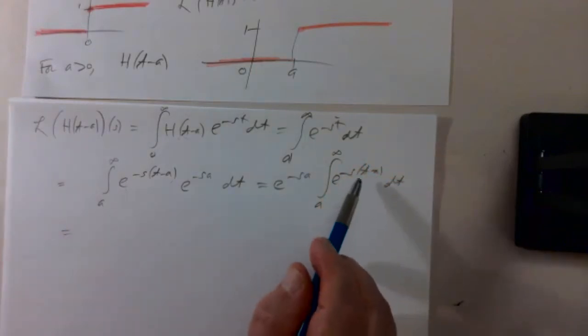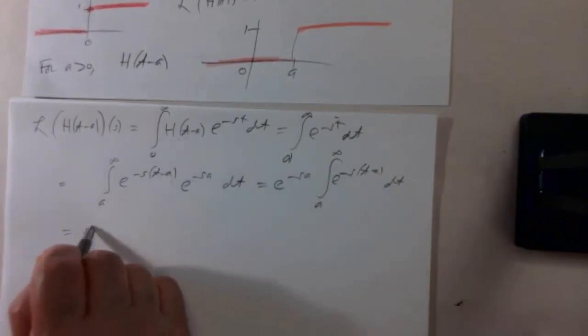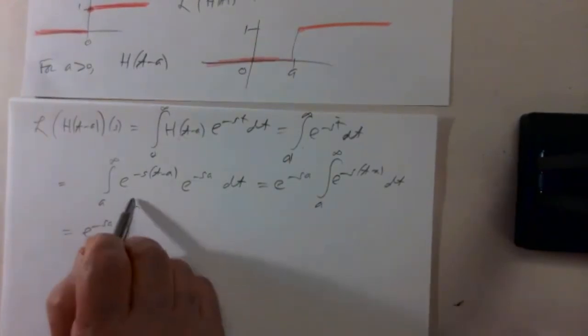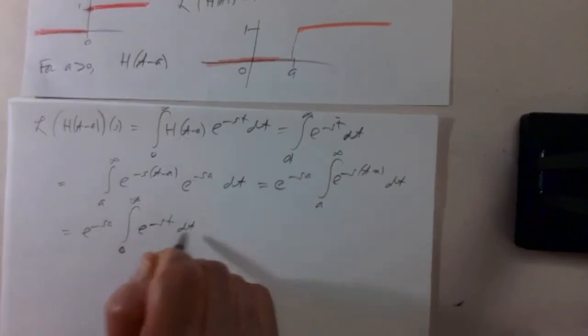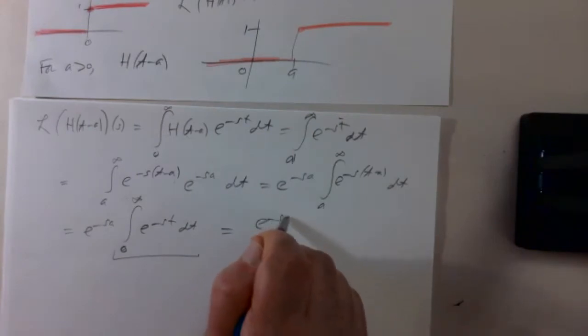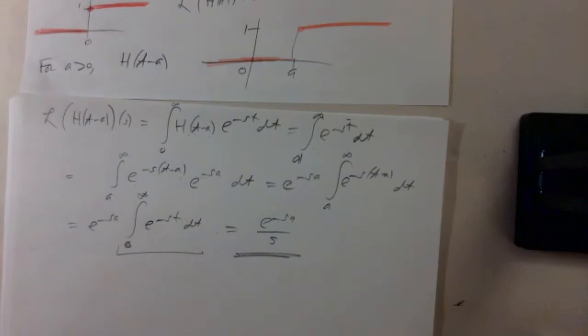If I change variables, if I let u equal t minus a, this is e to the minus sa, the integral from 0 to infinity, e to the minus su du. And this integral we already saw is 1 over s, so e to the minus sa over s. So this is the Laplace transform of the shifted Heaviside function.